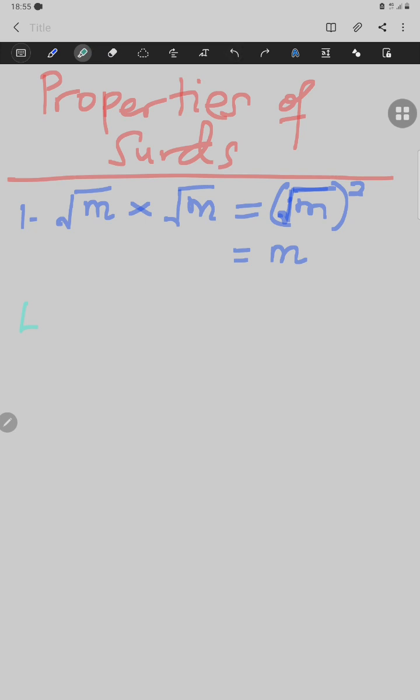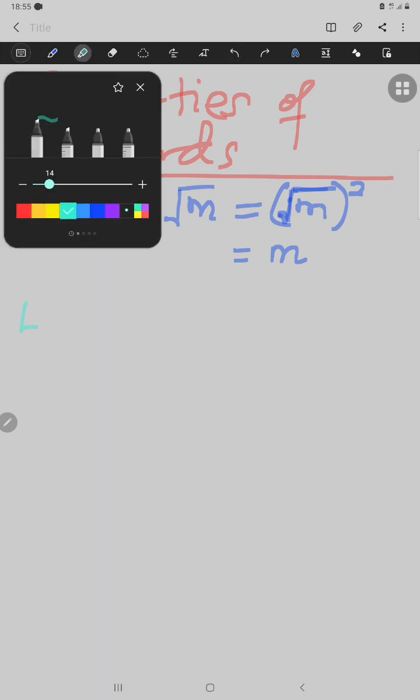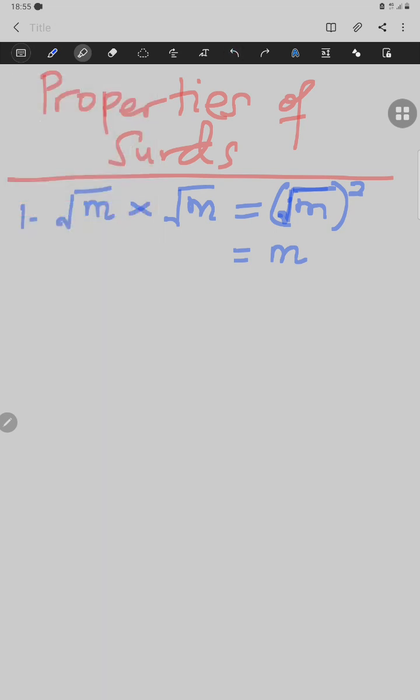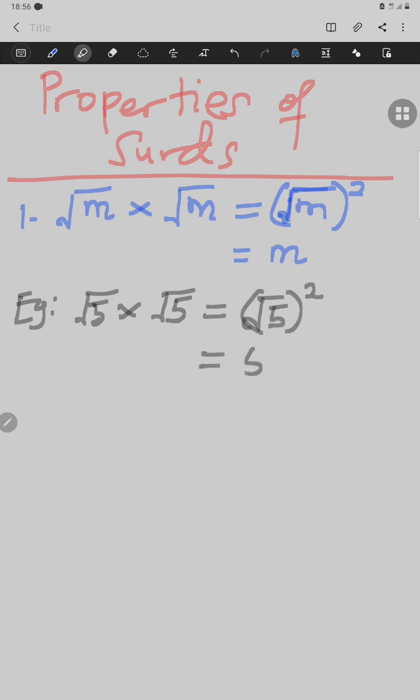So example, if you have, let's say, square root of 5 times square root of 5, this will give me 5. Why 5? Because I'm going to get square root of 5 all squared, and this is 5. All right, let's look at the next property.